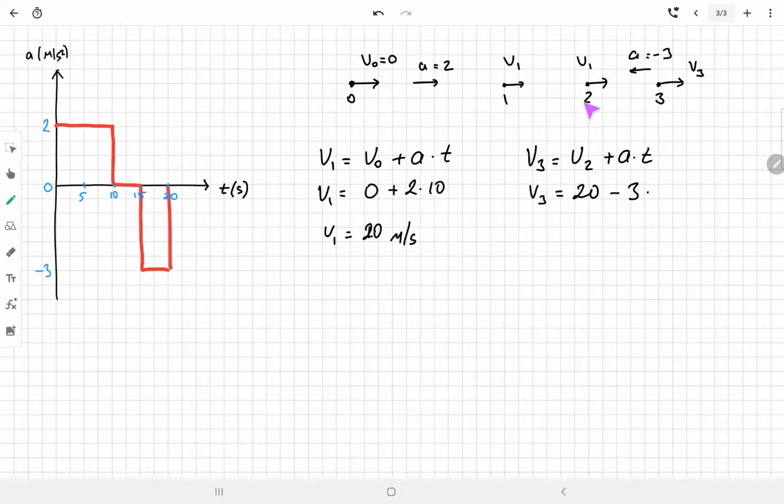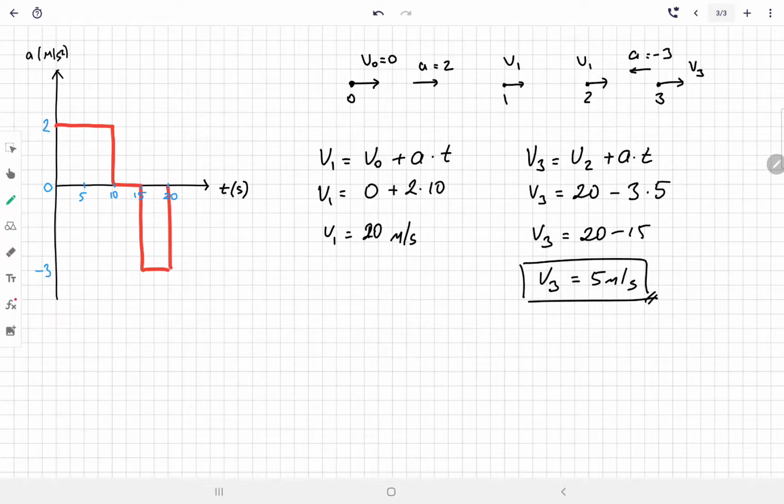What is the time interval between point 2 and 3? It's 5 seconds. So from here, 20 minus 15, V3 equal to 5 meter per second, and it's a positive number. It means it will be moving to the right. So it will be moving to the right, and the speed equal to 5 meter per second.